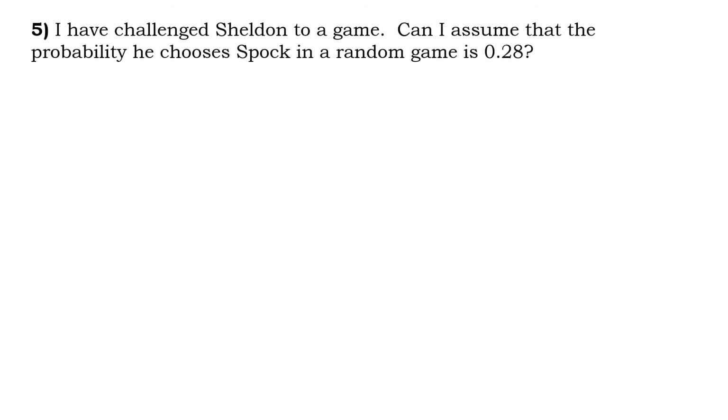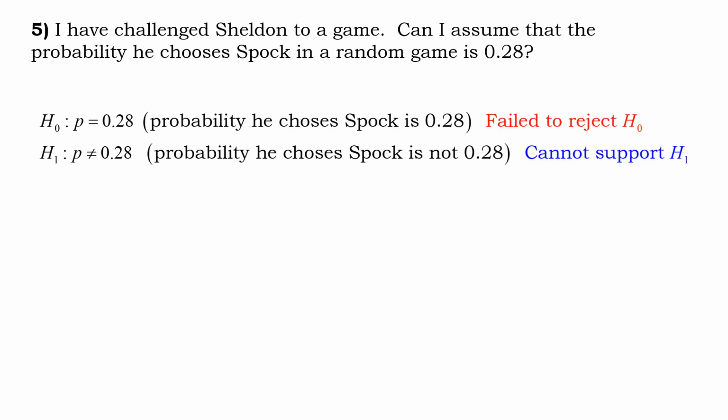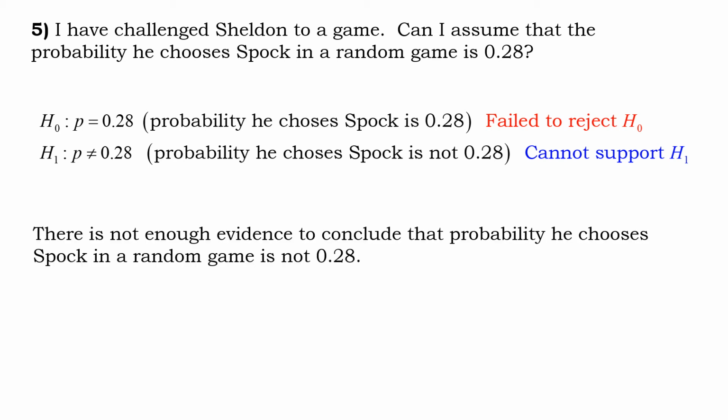Okay, so time to write the conclusion here. We failed to reject the null, we cannot support the alternative, meaning there's not enough evidence to conclude that the probability he chooses Spock in a random game is not 0.28. Important to notice here, the not applies to the 0.28. We're not saying that the probability he does not choose Spock is 0.28.